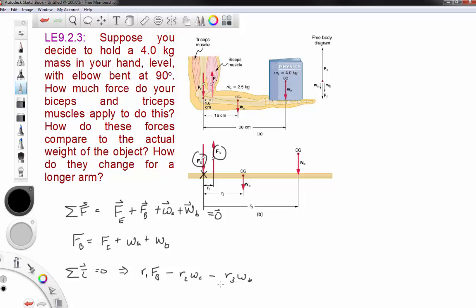All right, so since this equation has only one unknown in it, namely this term, we should solve for the force of the bicep. And then this one right here, we should rearrange to solve for the force of the elbow. So force in the elbow is force of bicep minus the weight of the arm minus the weight of the book.